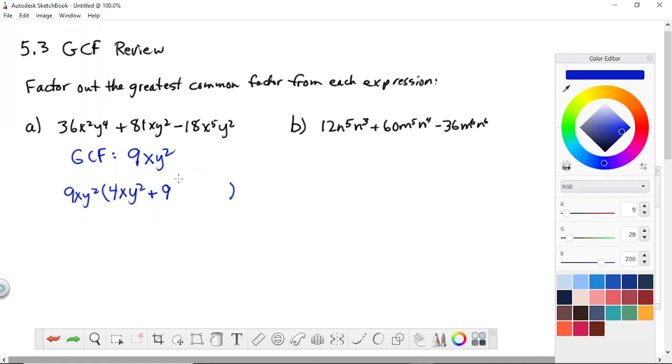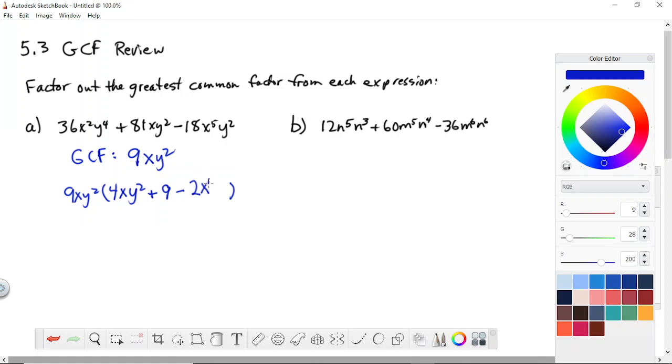So it has one more term. So we divide this last one by that. So the 18 divided by the 9, that's 2. This should be negative, though. This is going to be negative because that's negative. So we have the 2, 18 divided by 9 is 2. X to the fifth divided by x, subtract exponents, 5 minus 1, that's 4.